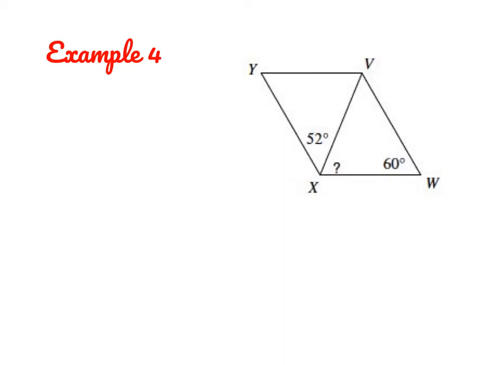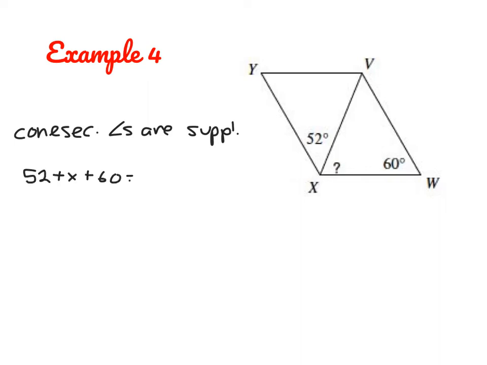Okay, let's have a look at this one. This one's a little bit trickier, but you'll notice that we are given two areas where we have consecutive angles. So we are going to use the fact that consecutive angles are supplementary. But in this case, we have to add up all three parts and set that equal to 180. So 52 plus x plus 60 equals 180.